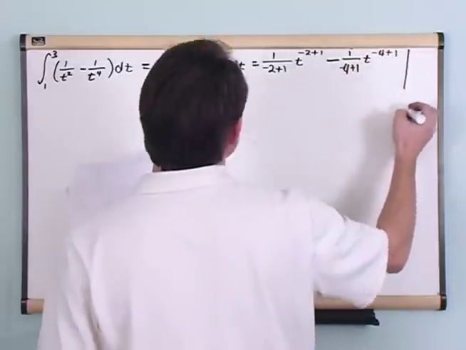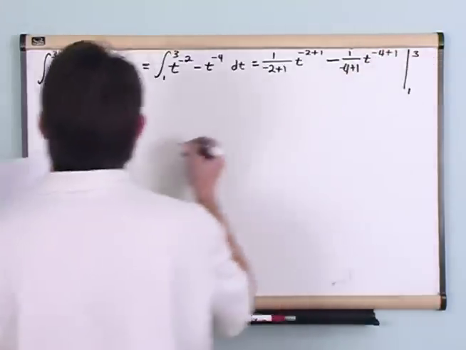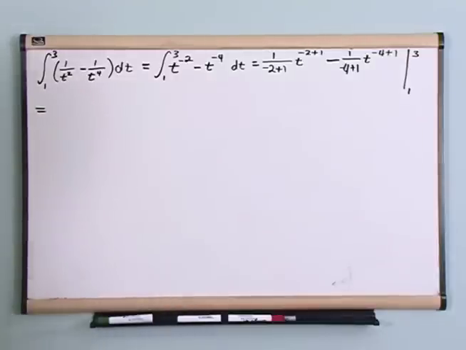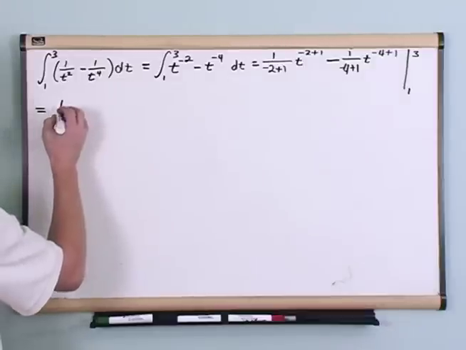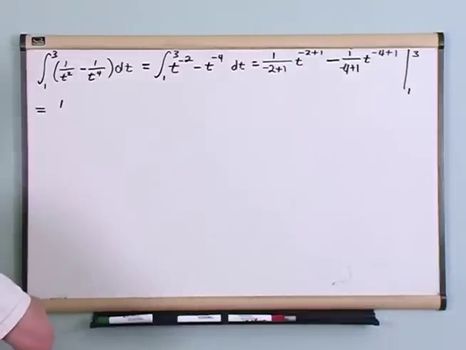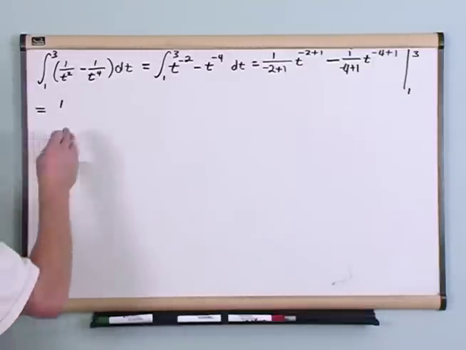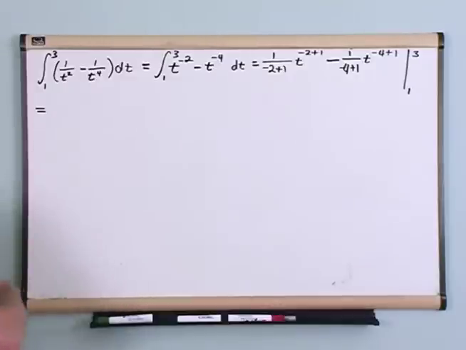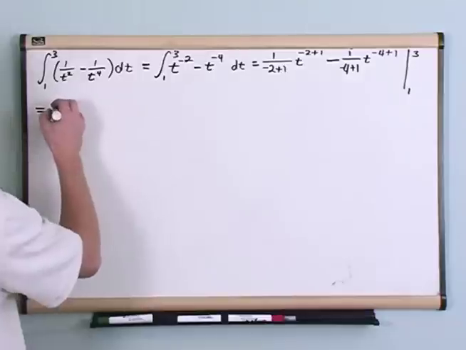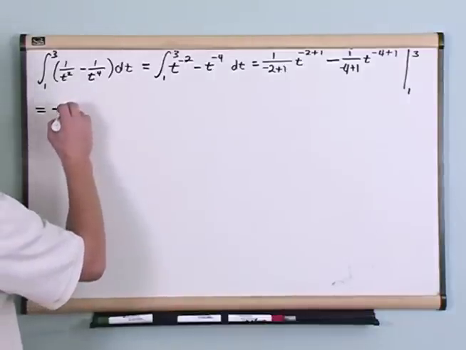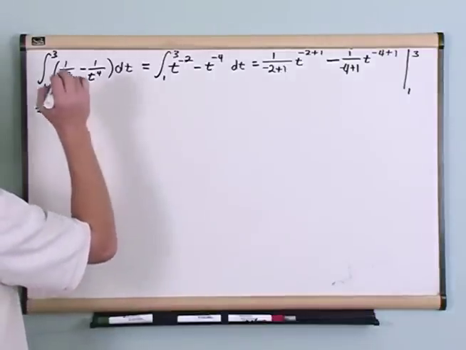And this whole thing has to be evaluated from 1 to 3. Now, I was very explicit when I wrote that out. In reality, you could probably do this part in your head. For the first term, you're going to have 1 over minus 1, right? So that's just going to give you a negative t to the negative 1.